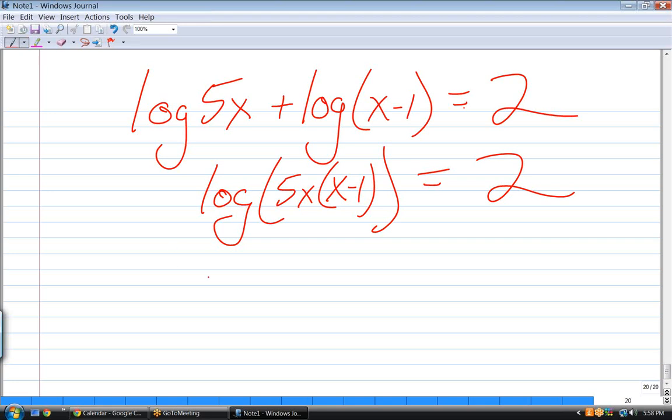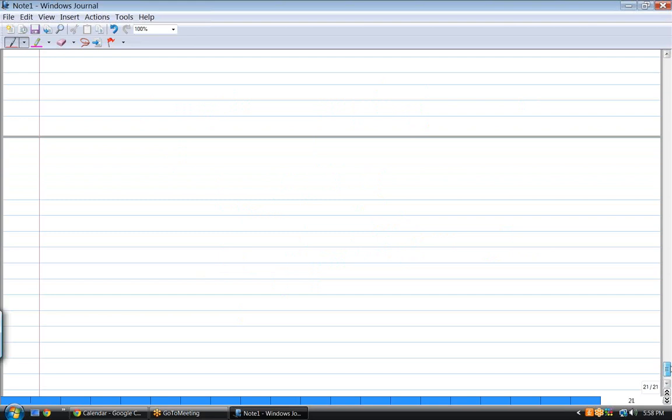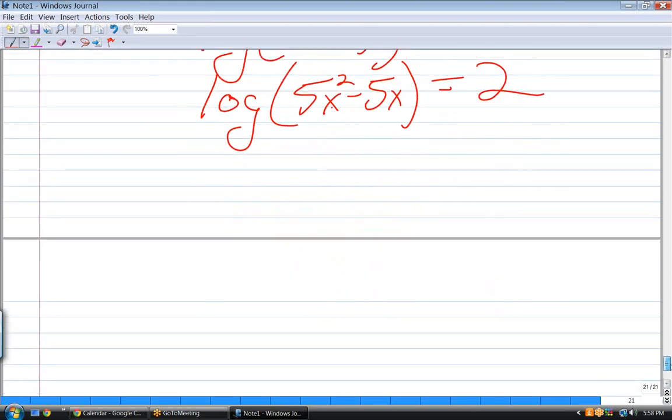Now I have a single expression. Well, I can certainly do that multiplication. That's 5x squared minus 5x. That's equal to 2. Now is where you turn it into an exponential expression. In other words, once you've got the log of some argument, this being the argument, equals some number, now you're ready to solve it by turning it into an exponential expression.